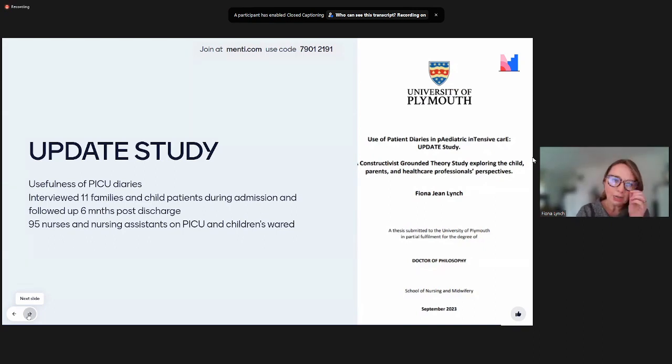I think it's really important, particularly after listening to Gillian's talk, and we think about the word cloud, that the PICU diaries are not necessarily implemented or used to either reduce PTSD or reduce depression.